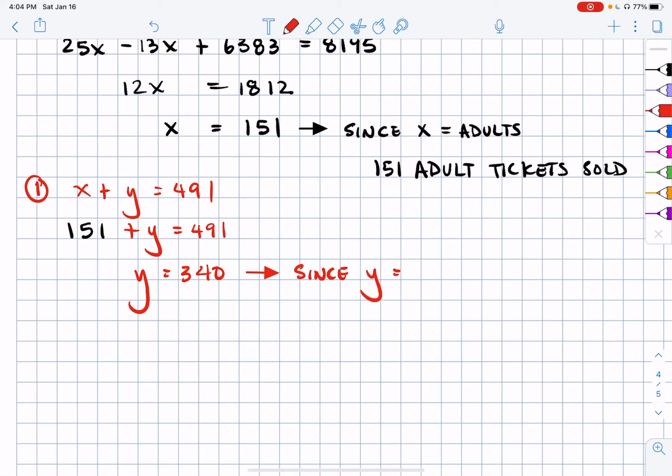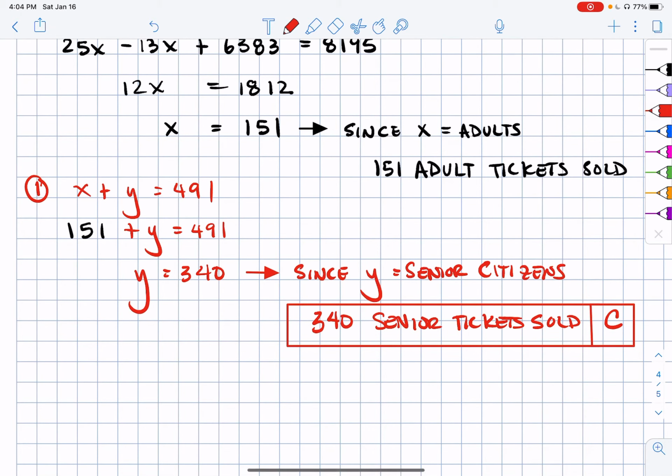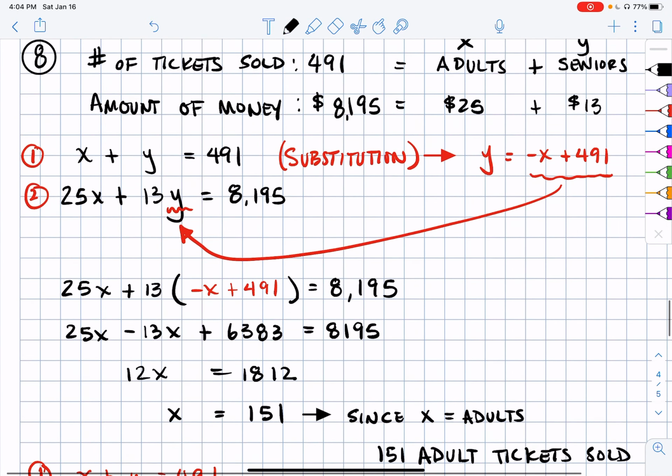Since y equals senior citizens, that means I have 340 tickets sold, which is choice C. There we go. So that is number 8.